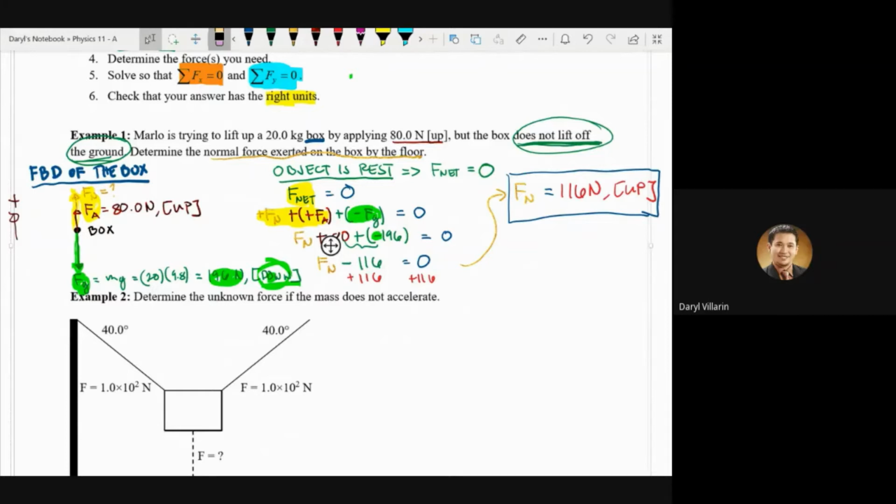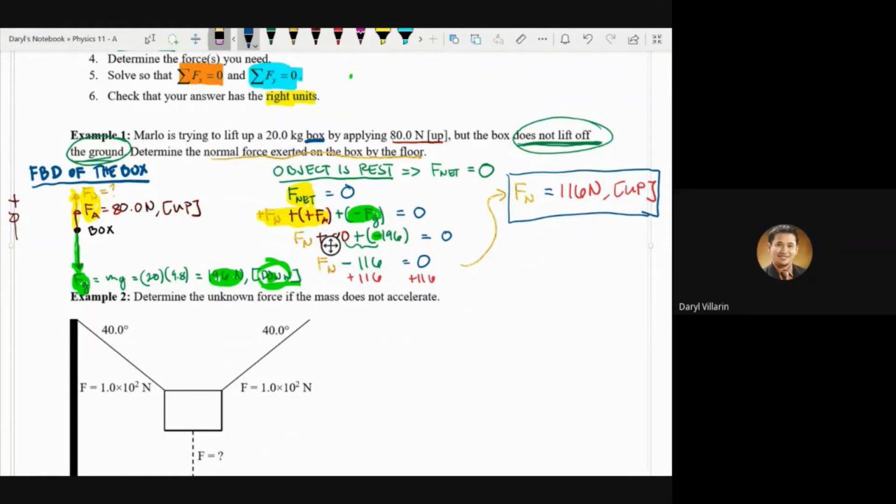Okay, so in this particular case, if you can see, Fn is a positive number. So that tells you that the normal force should be directed upward, because a positive calculation would give you a direction of upward.